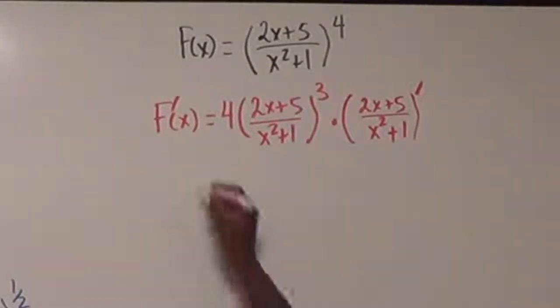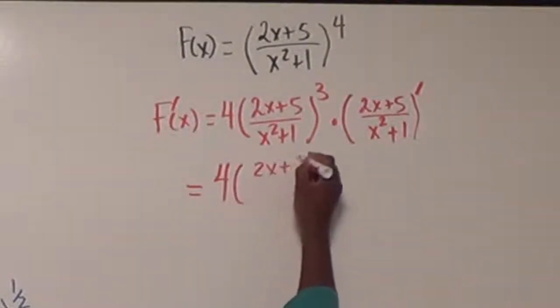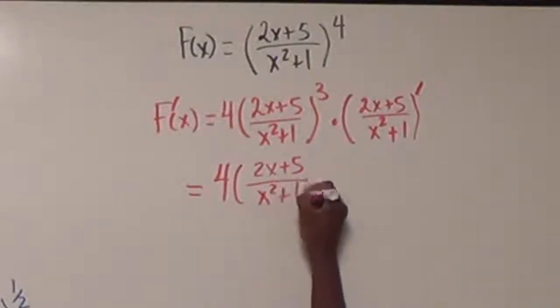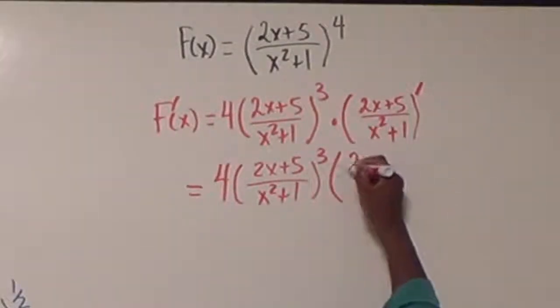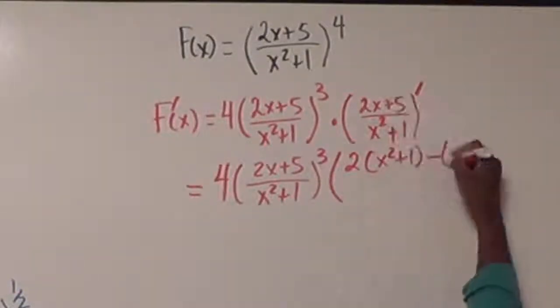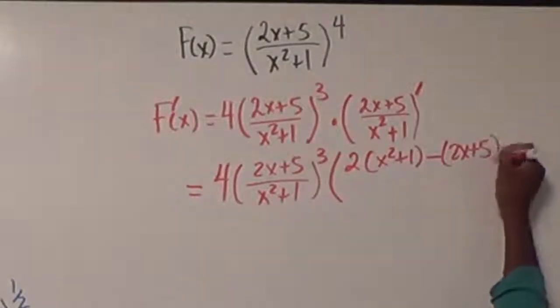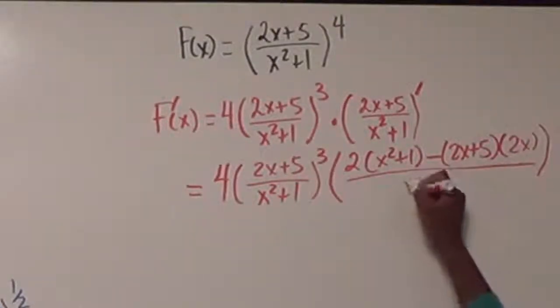So my derivative here, this first piece is going to be left alone. The second piece, I'm going to apply my quotient rule. So our quotient rule says derivative of the top times the bottom minus the top times the derivative of the bottom all over the bottom squared.